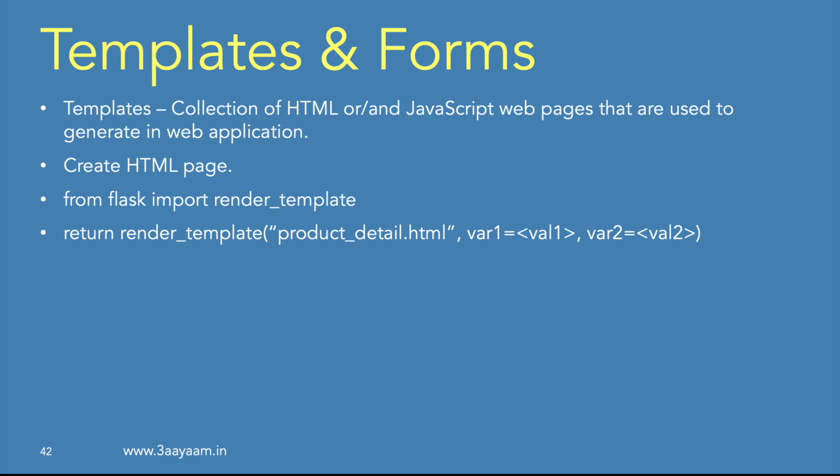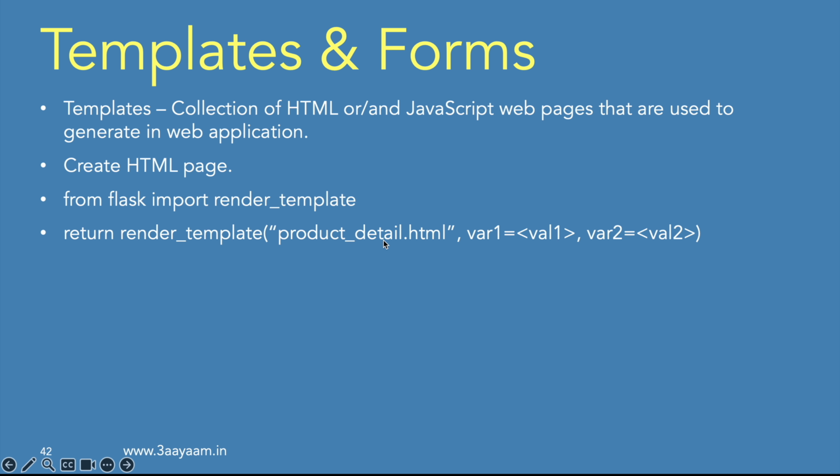For example, if you want to get some details of a customer and you get the customer ID from the web page and connect to the database, get the customer information, and you want to send it back to the web page, there are certain variables like customer ID, customer name, customer address, etc. Those would be put in variables. Using this render_template method, we send the web page, which is in this HTML code.